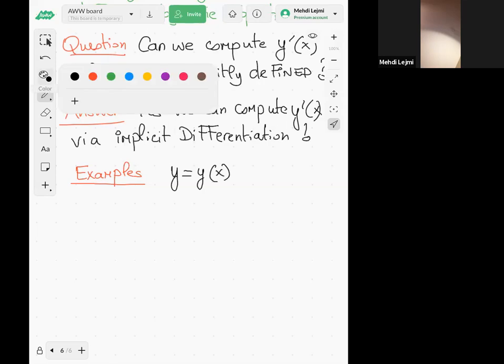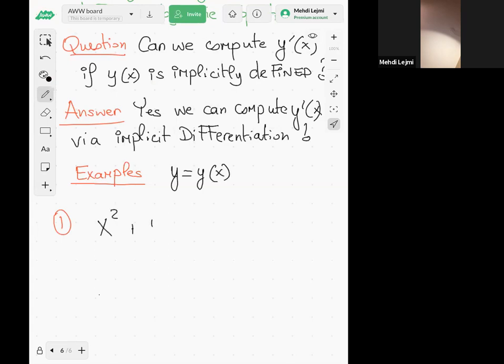First example, example one, is, let's say, x squared plus y squared equals 1.